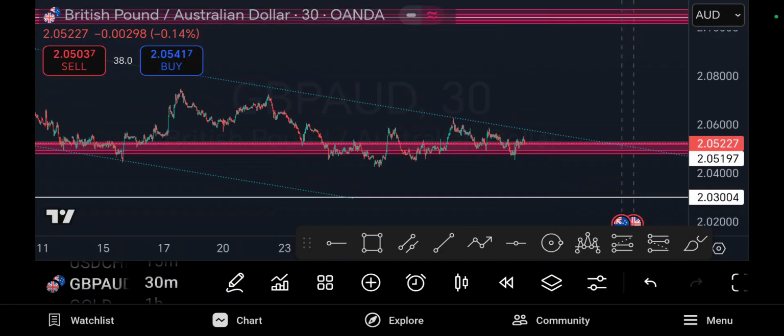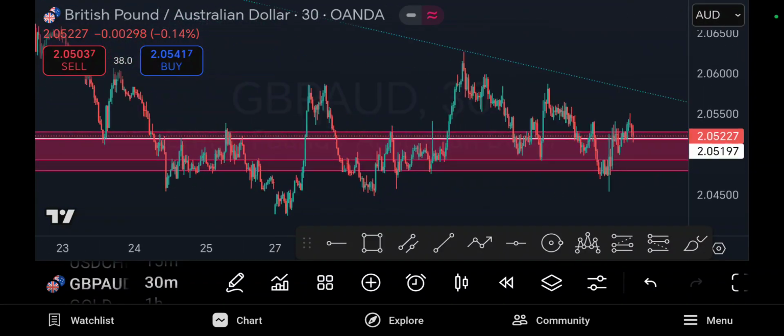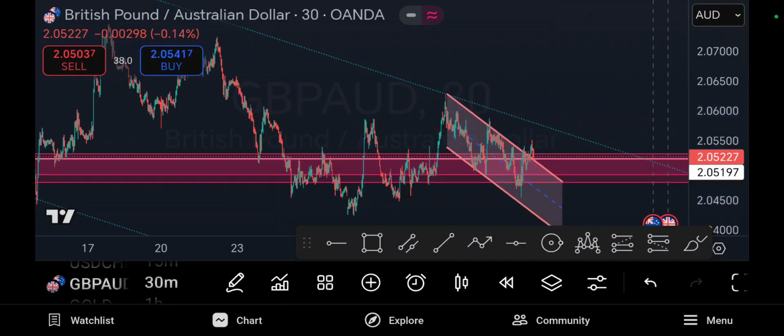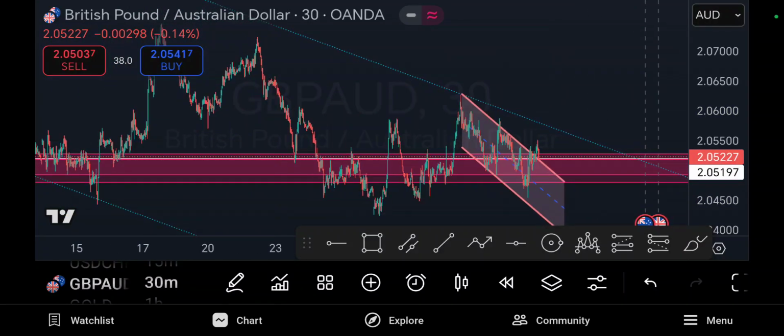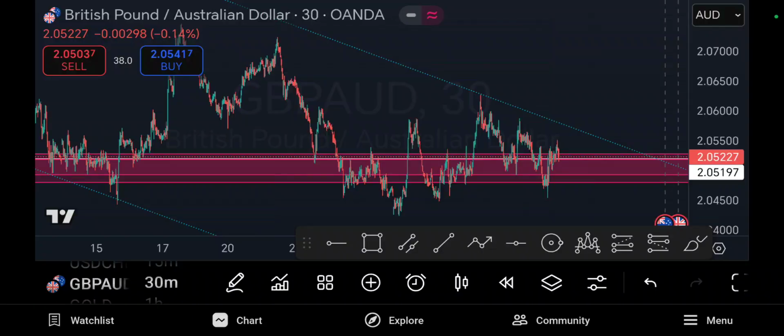See, nice. You can see also a pattern here, so like this. So guys, don't confuse yourselves and draw all these patterns, just draw something you understand.